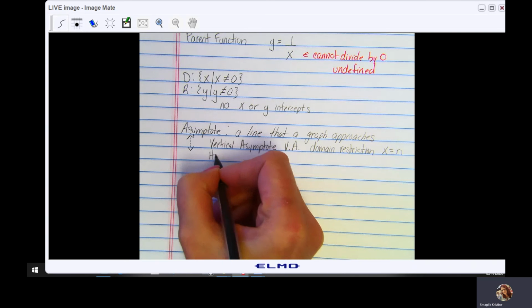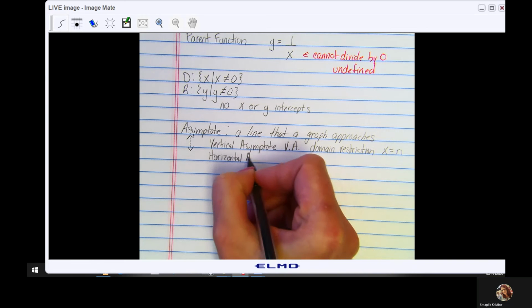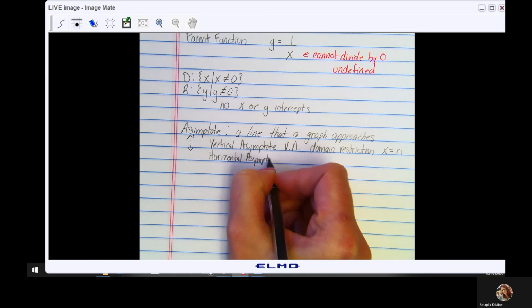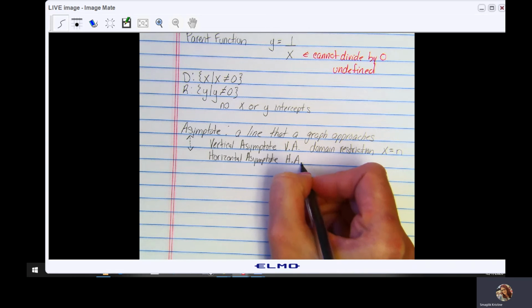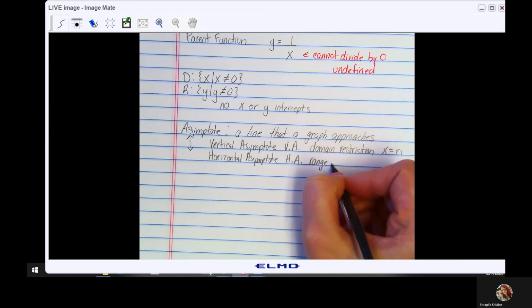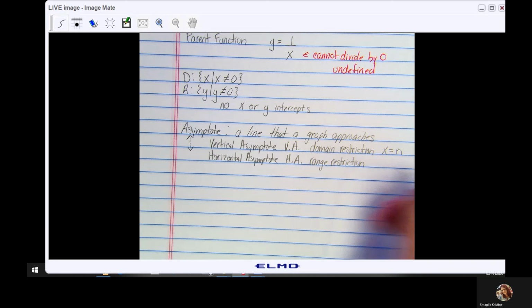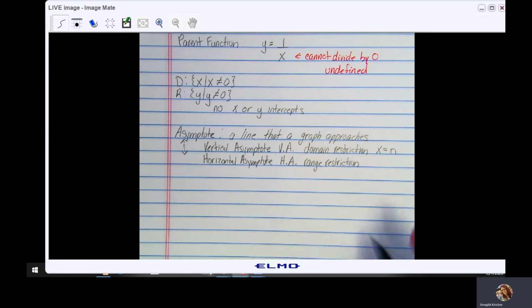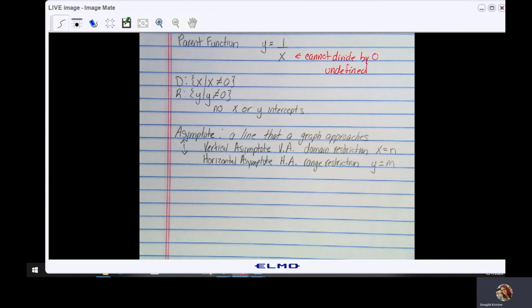There's also horizontal asymptotes. And we can abbreviate that as HA, and that's your range restriction. And that is going to be y equals, and I'm just going to use m. These just represent some number.